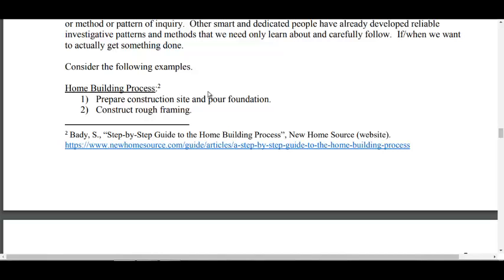Keep in mind, we're not talking about problem in a negative sense. What we really mean is some complicated situation that we need to figure out some systematic way to get through, to overcome, to manage. That's all we mean by problem. A problem could sound simple, but it could turn into something complicated really quickly.